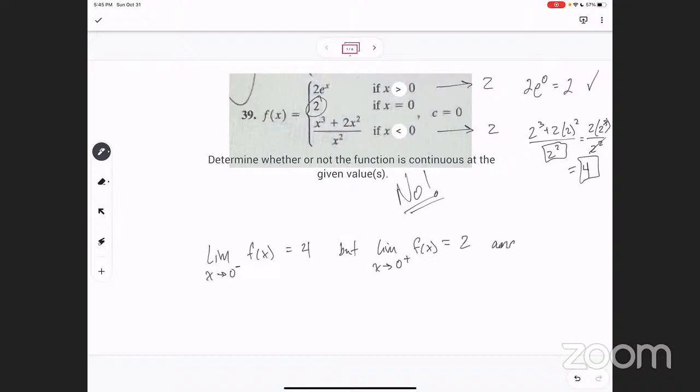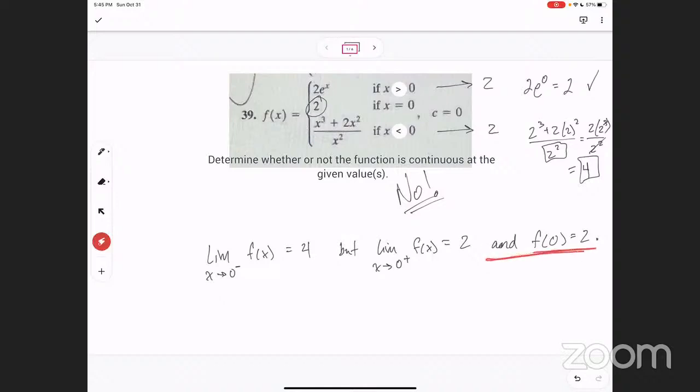And f of 0 equals 2. You kind of have to have all 3 of those parts there. You really don't have to have all 3 to prove that it's not continuous. You'd have to have all 3 of those parts to prove it's continuous.